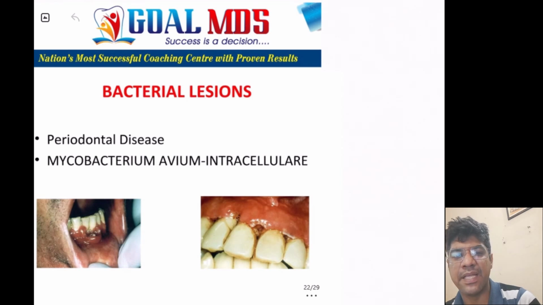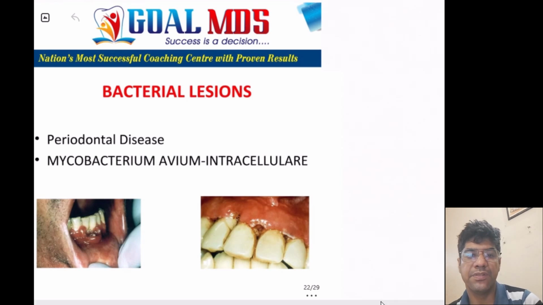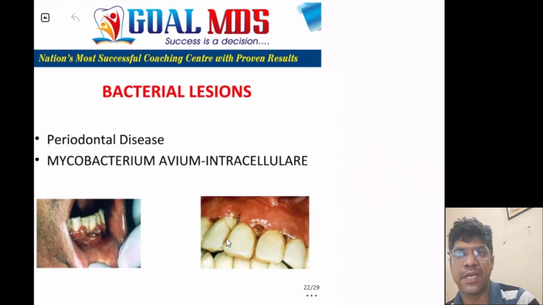People with HIV might be prone to bacterial infections that can lead to conditions like abscess and cellulitis. Tuberculosis: TB can affect the oral cavity, causing ulcers, granuloma and other lesions. Linear gingival erythema is characterized by a red band along the gum line.